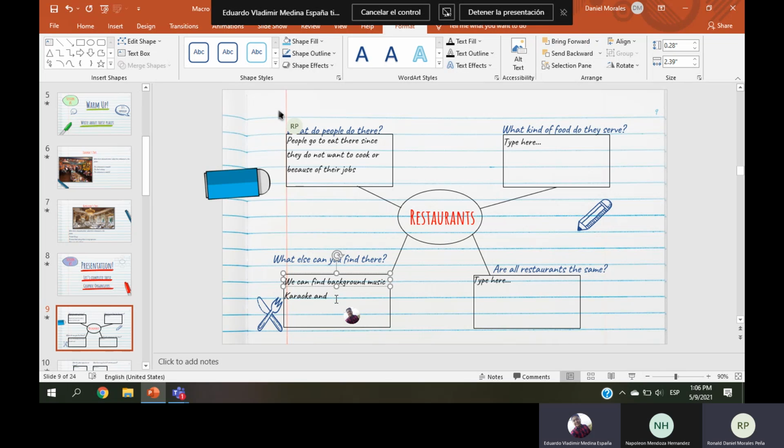Background music, karaoke, and singers, because in fact, in some restaurants they invite some Salvadoran singers in order for people to dedicate a song or something like that. Oh yeah, and that also makes the ambience of the restaurant more enjoyable. So thank you, Eduardo, for your participation.